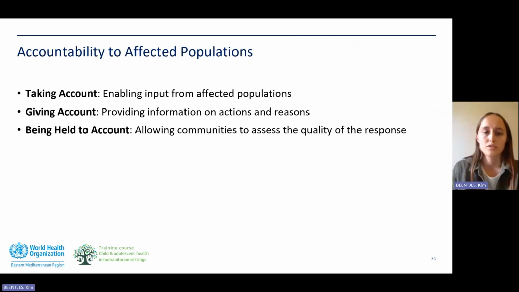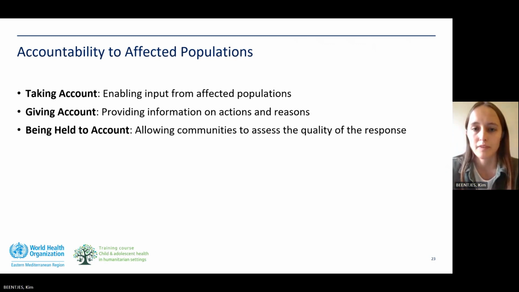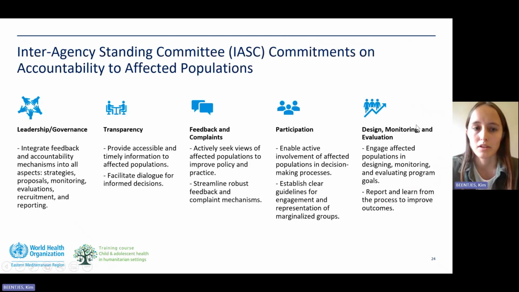It's important to take accountability to affected populations. This includes taking account, enabling input from all affected populations. It includes giving account, providing information on actions and decisions, and being held to account, which allows the community to assess the quality of the response. Then the Interagency Standing Committee commitments on accountability to affected populations.